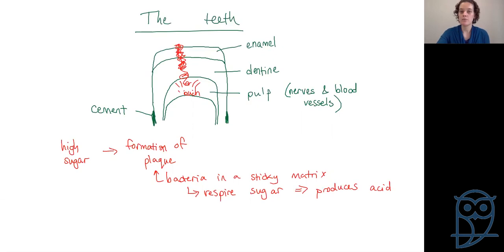And what happens when we produce acid? Acid and enamel don't get on well together. So the acid then dissolves the enamel. When it works its way all the way through the enamel, then it's going to dissolve the dentine.